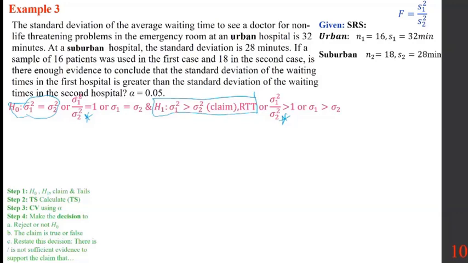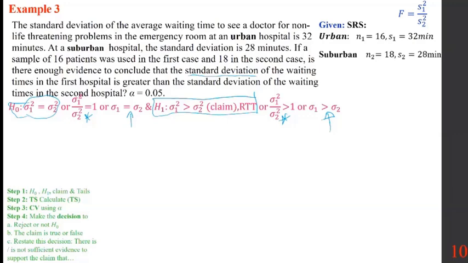We say sigma 1 squared is larger than sigma 2 squared, or sigma 1 squared over sigma 2 squared is larger than 1. It is the same thing. It's important not to use all of them. You use just one of them. In this case, because it's referring to standard deviation, perhaps the third one is the best choice.